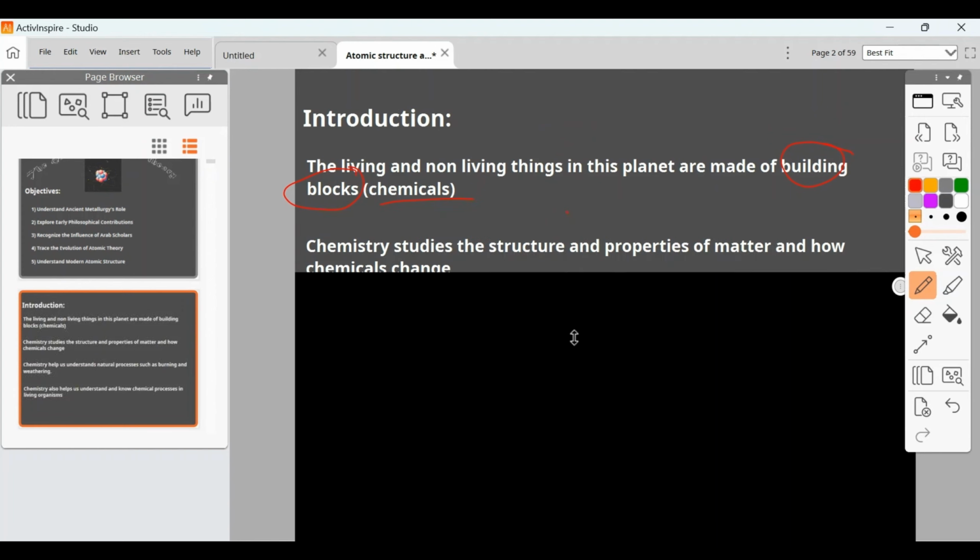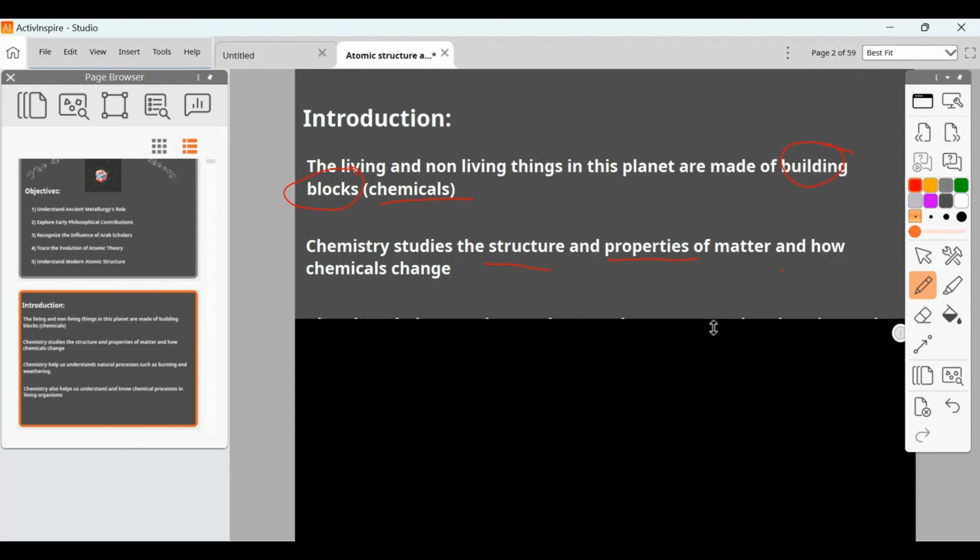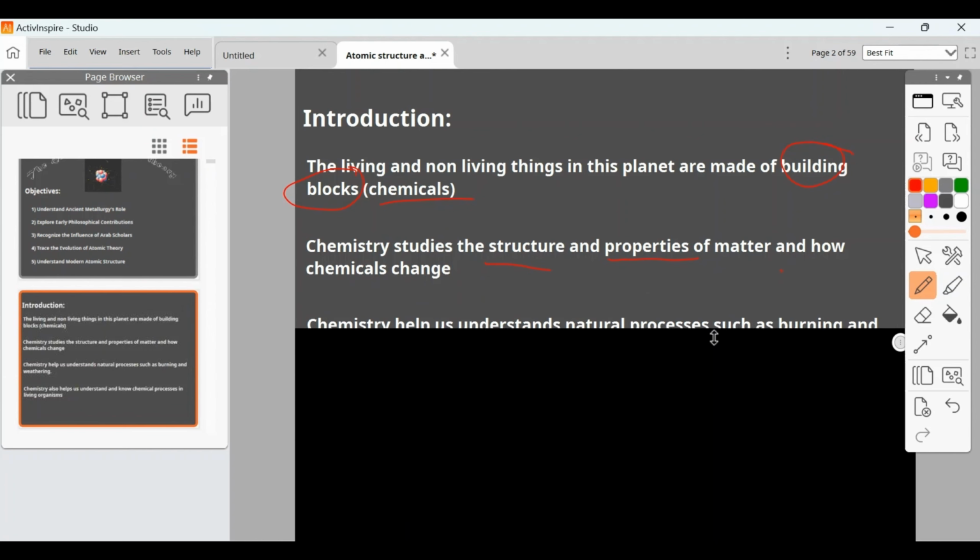So chemistry is trying to study the structure and properties of matter and how chemical change happens.